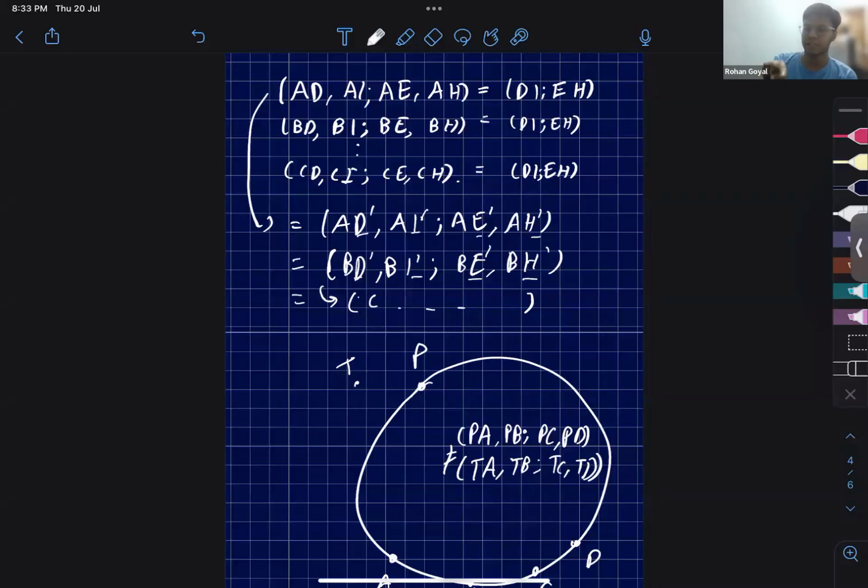That means that if you fix D and E and you vary I and H, you will get that all of them also lie on this conic, because the conic is fixed by 5 points. This fixed thing holds for any conic, right? Yes. That's what I'm trying to say. Okay, that's a nice property.